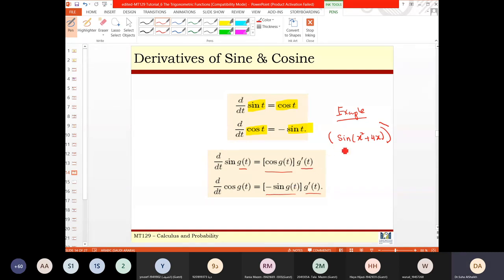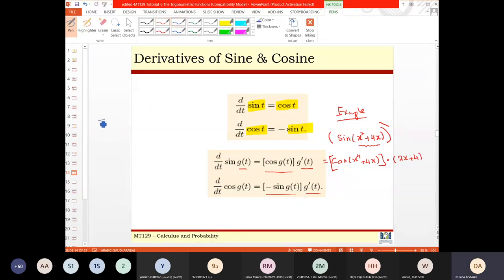So what's the derivative of the sine? It is cosine of x squared plus 4x. Then I should multiply with the derivative of what is inside, which is the derivative of x squared plus 4x, and this will be the derivative.